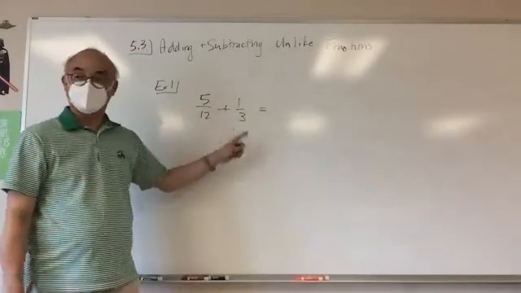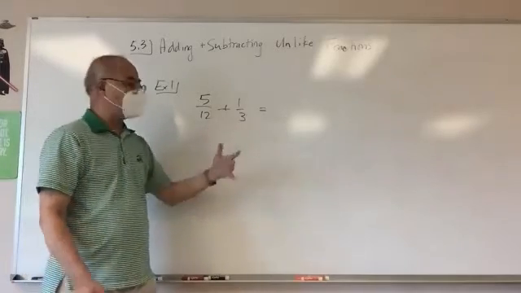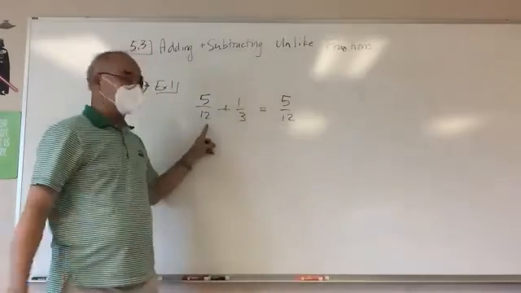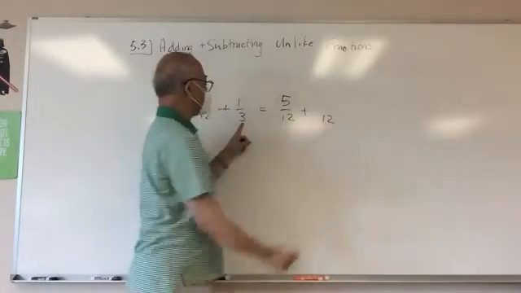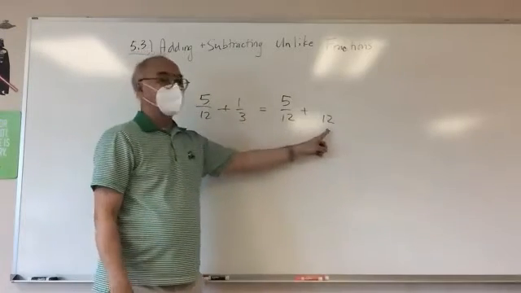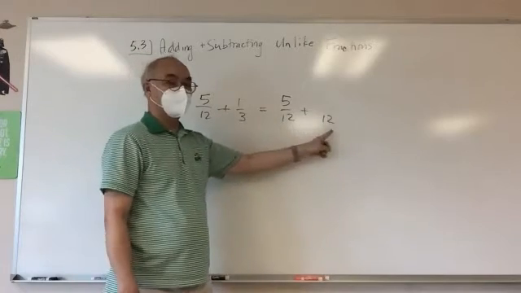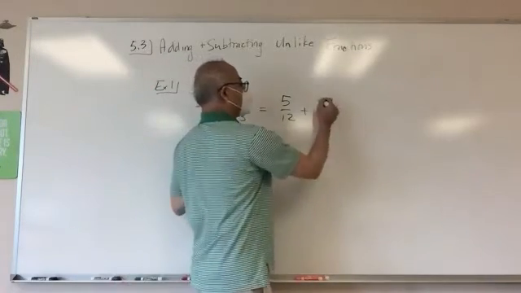What would the least common multiple be? 12, right? It'd be 12. So I didn't change this, it's already at 12s. I'm going to have to change this guy from 3 to 12. So I multiplied the bottom by 4 to get 12, so I have to multiply the top by 4 also.